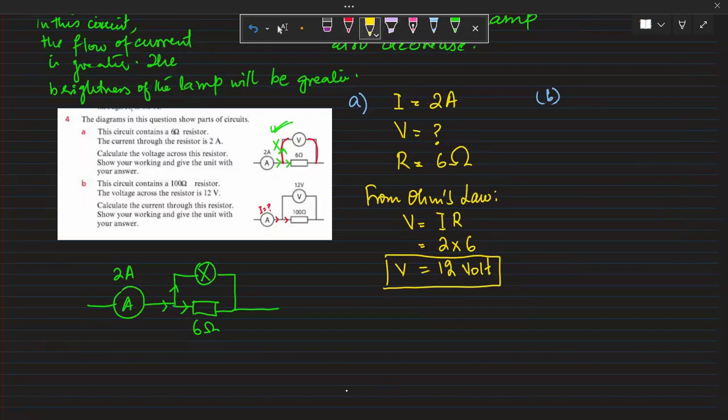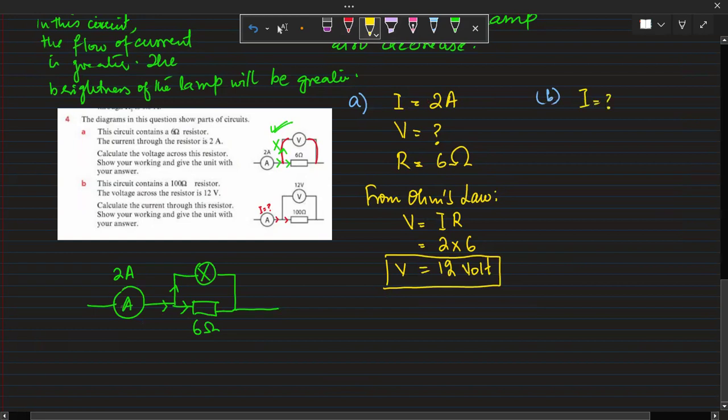Okay. So this time we do not know the current. We have the voltage across the resistor, which is 12 volts. And this time the resistor which is connected is 100 ohm. Now we're going to follow the same way.